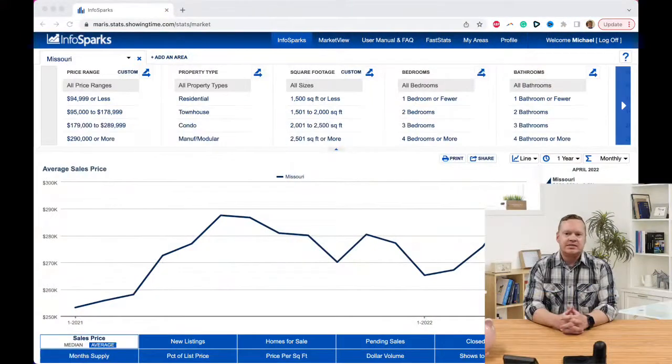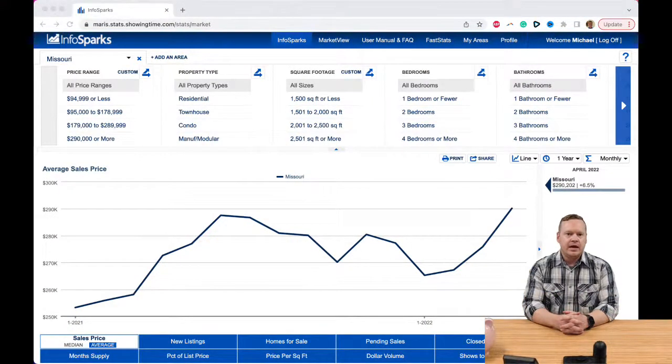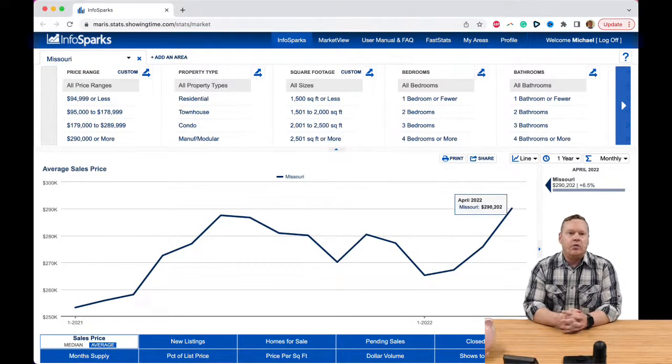So today we're going to jump into our MLS and start looking at some of the current stats that are available. Here in our MLS, they give us access to a ton of different data. We are just going to look at the St. Louis area, and we could even add a sub area.